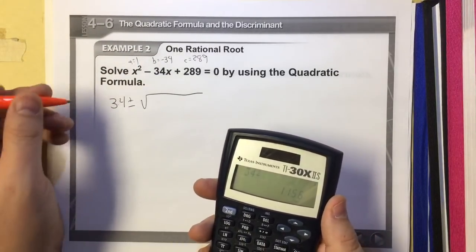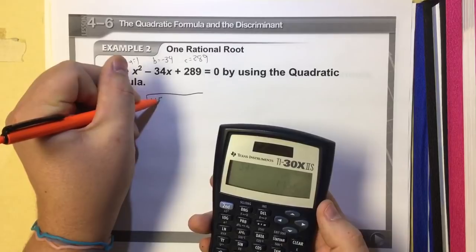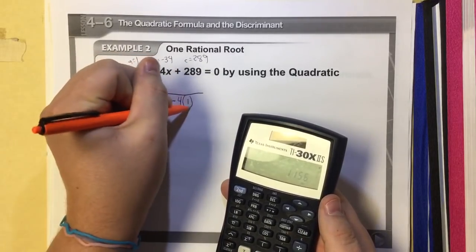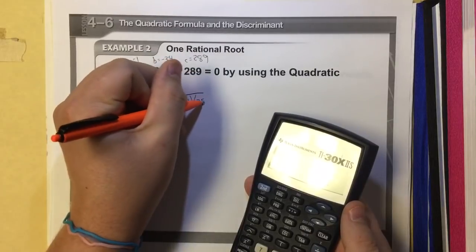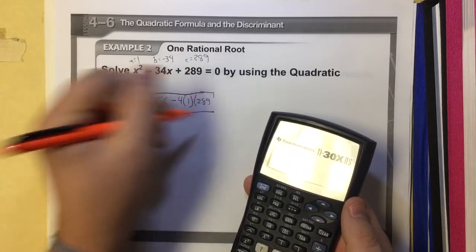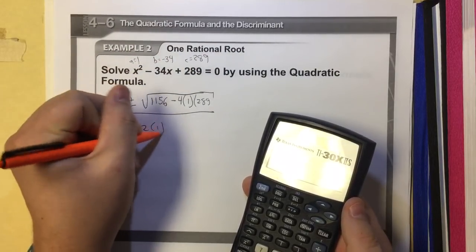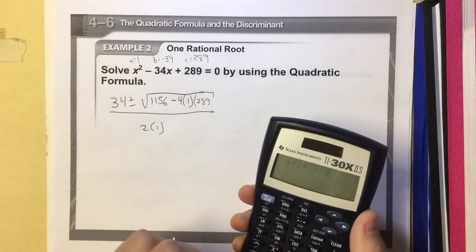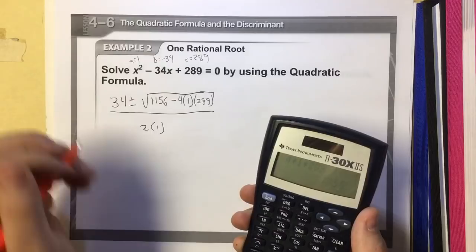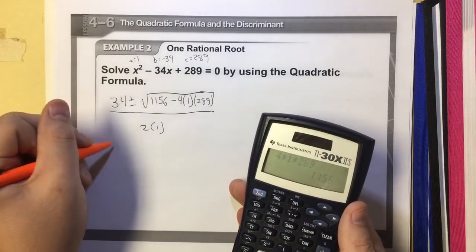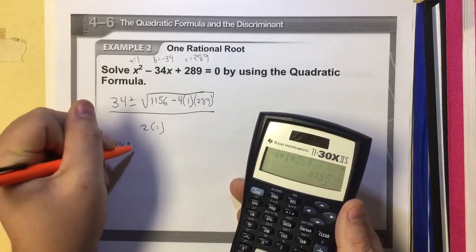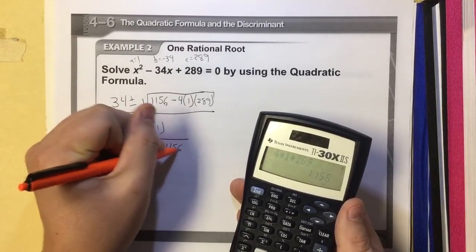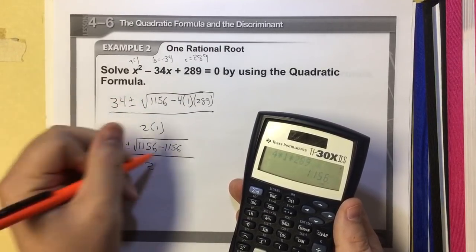Negative 34 squared is 1156 minus 4 times a times c all over 2 times a. 4 times 1 times 289 is equal to 1156. So I have 34 plus or minus the square root of 1156 minus 1156 all over 2.